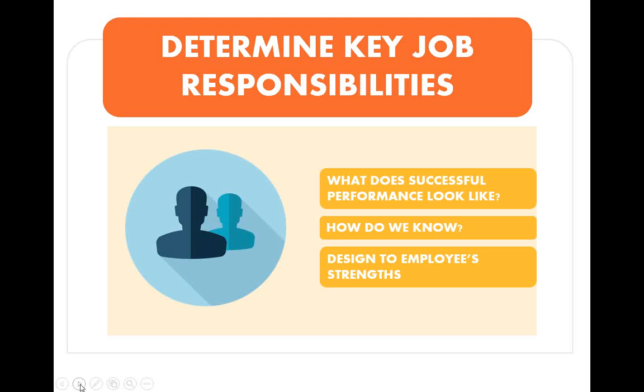Now, the real key to this becomes finding out exactly what those successful employees are really doing to drive success. And this is where we have to take job descriptions and put them aside for a while. Think about a job description this way.